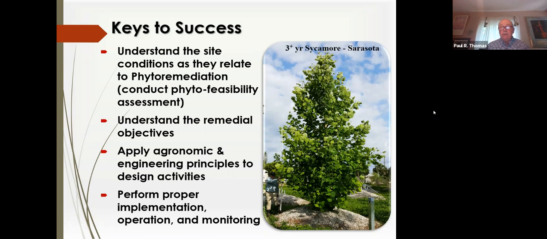And we also insist on doing our own pre-design investigation where we look at those types of things, but we also look at the water quality with an eye toward the agronomic considerations.